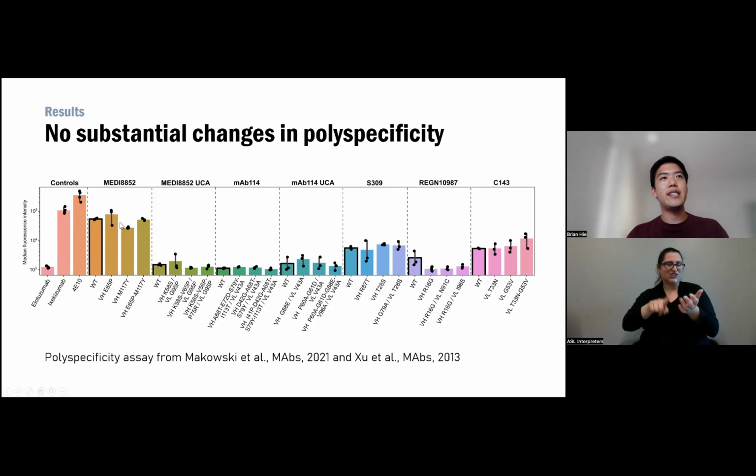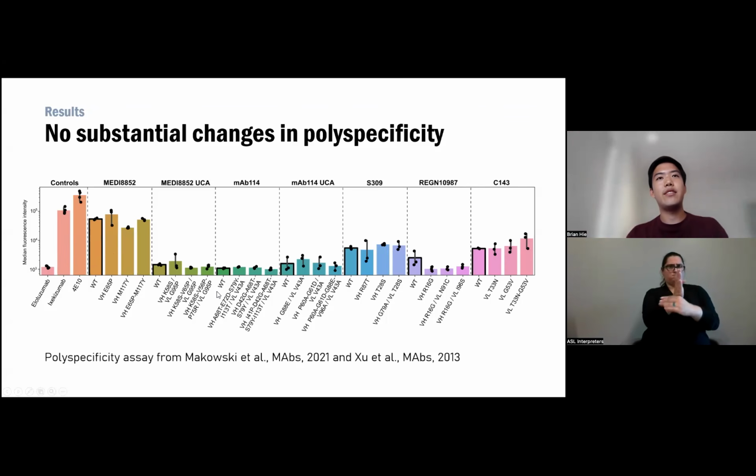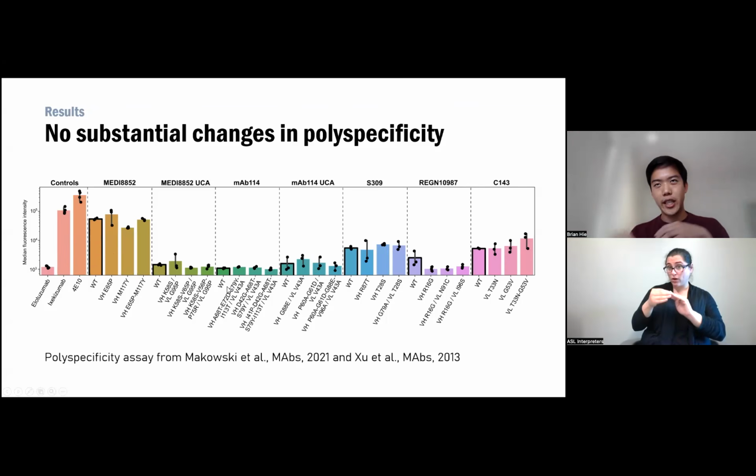And so in all cases, the wild-type antibodies seem to be between the two clinical controls, in the range of clinically acceptable polyspecificity, and our affinity-matured variants don't appear to be changing the polyspecificity drastically, at least not significantly so.